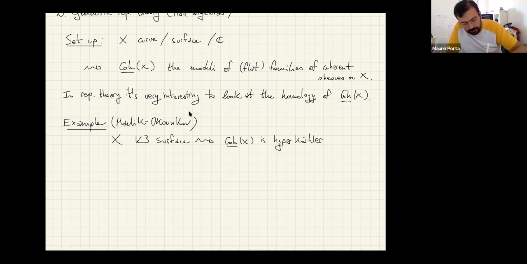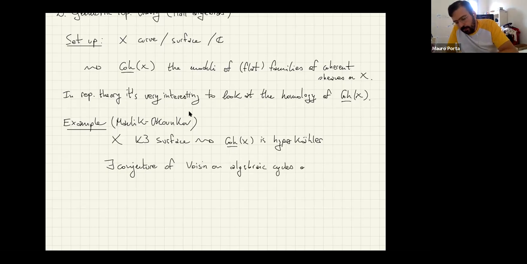Okay, and there exist some conjectures of Claire Voisin on algebraic cycles on this thing.